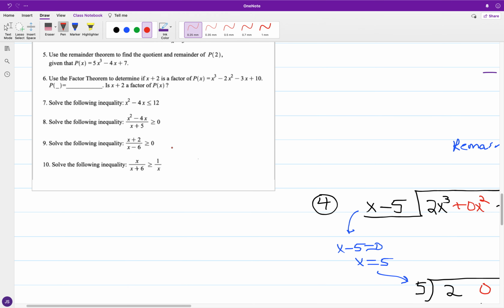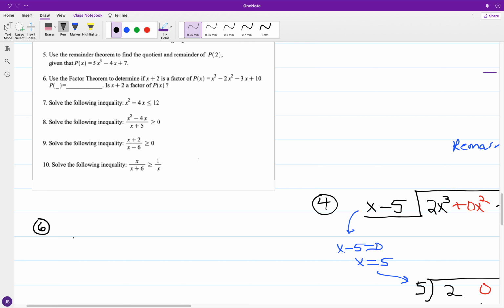It says use the factor theorem to determine if x plus 2 is a factor of p of x equals x cubed minus 2x squared minus 3x plus 10.